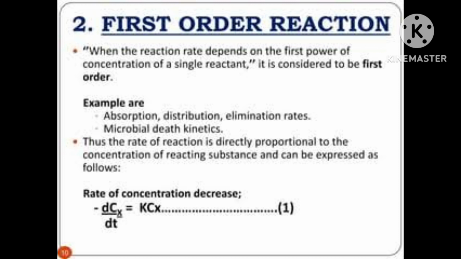Then x plus y: x is equal to 3/2 and y is equal to -1. Then 3/2 minus 1 means 1 and half minus 1, that is the half only. Hence the order of reaction is half, which means a half order reaction.